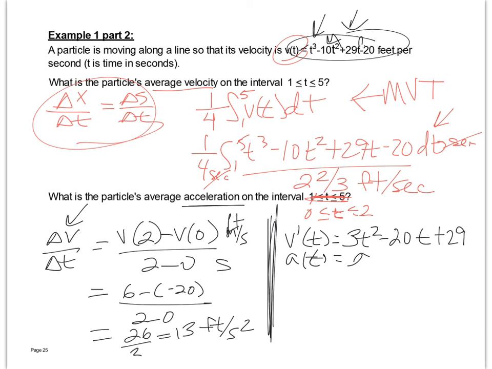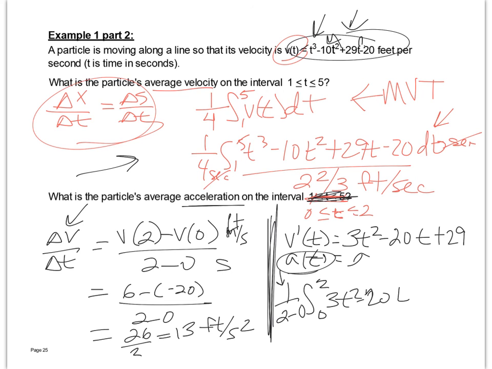That's it. So if I want to find average acceleration, we can do it just like we did above. You can find the average of anything by taking the integral on that interval. And remember, I changed it from 0 to 2 instead of 1 to 5. It was pretty trivial; it gets you a 0, and that's why I didn't like it. But you have to do the average value, so you need that fraction out front for the average value theorem, and then our function for acceleration.